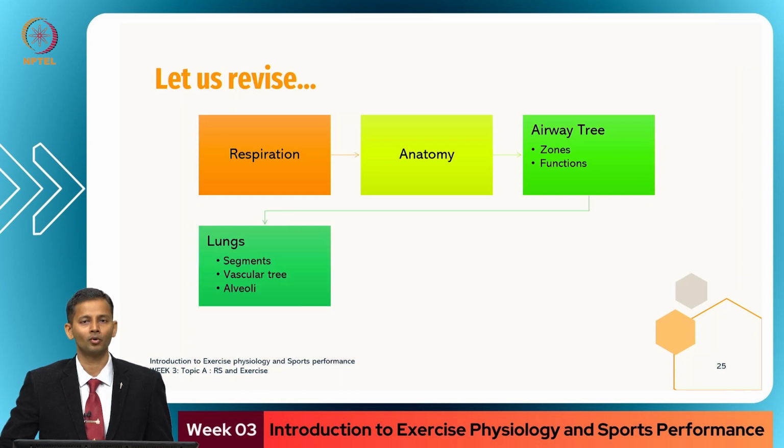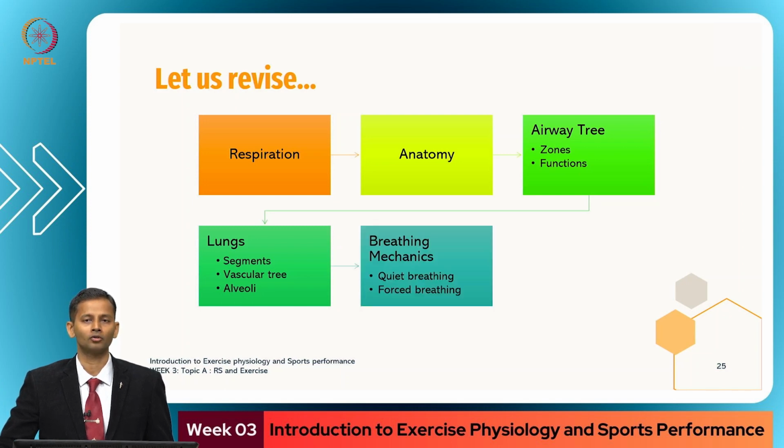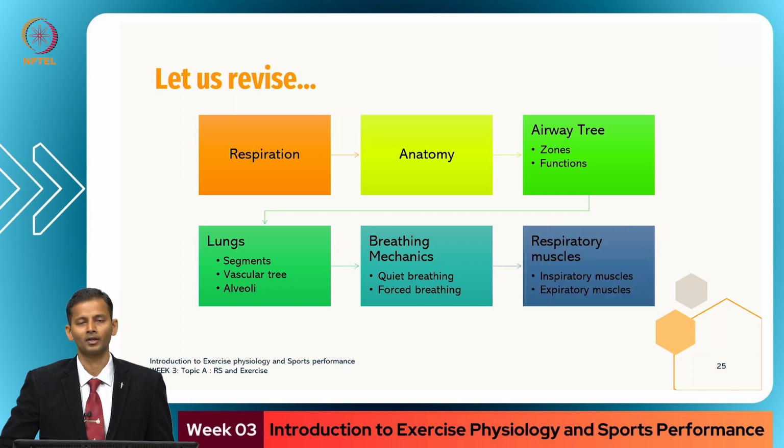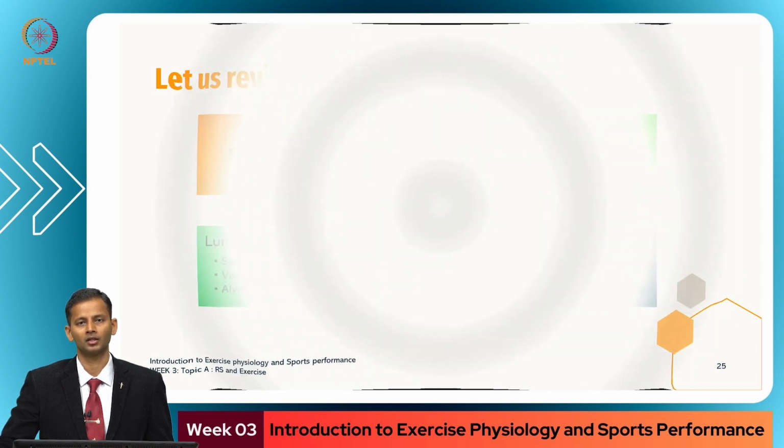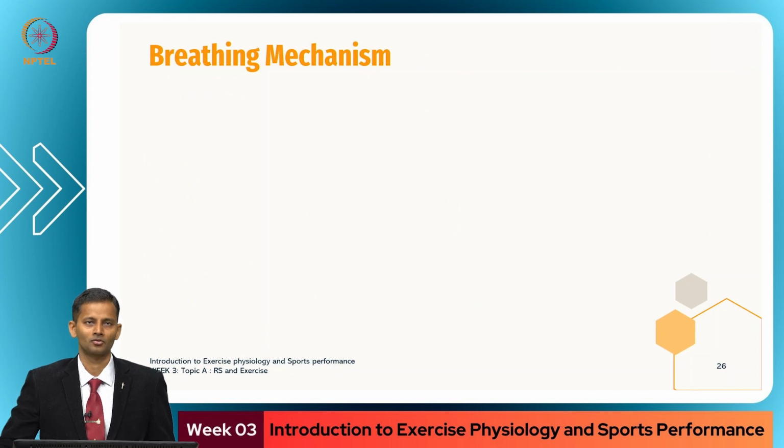We studied the segments of the lungs, their functions and the various aspects of alveoli. We also dealt with the breathing mechanism, what happens during quiet breathing and during forced breathing, and the various respiratory muscles that take part during inspiration and expiration. Let's proceed further.